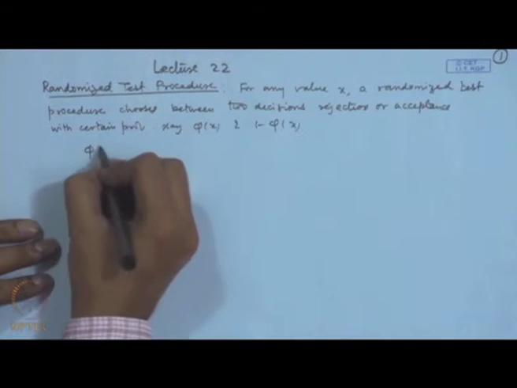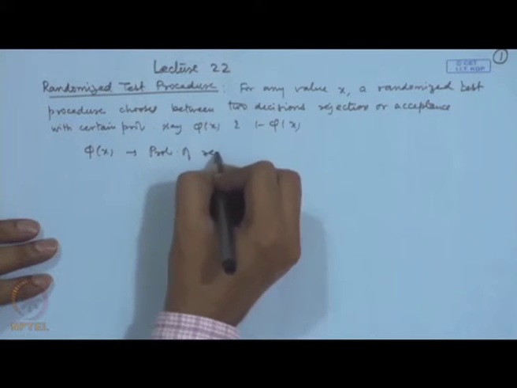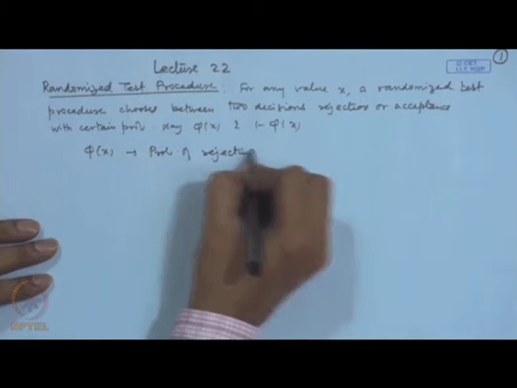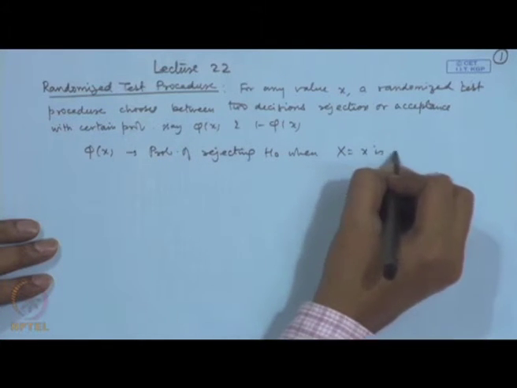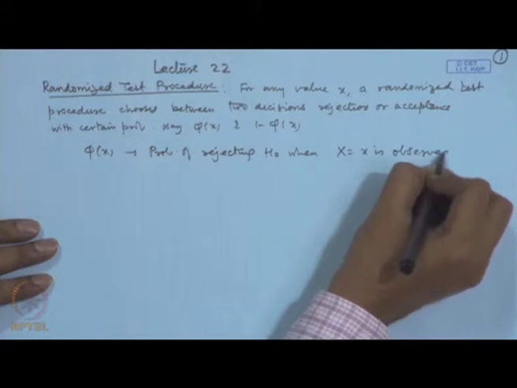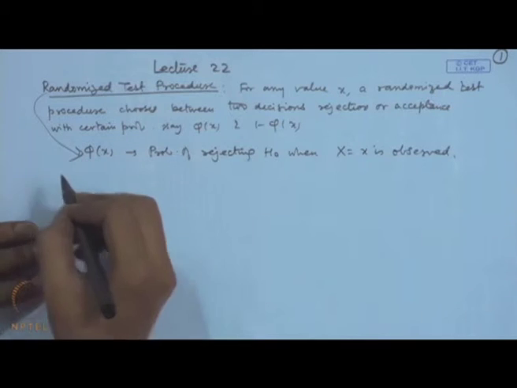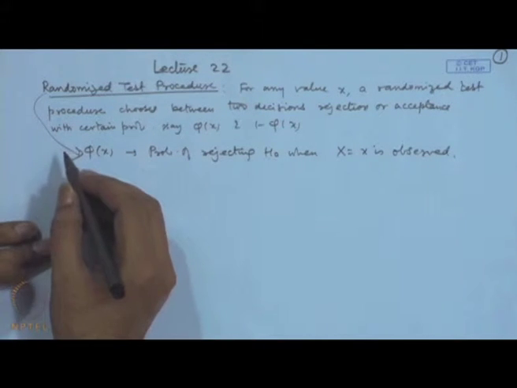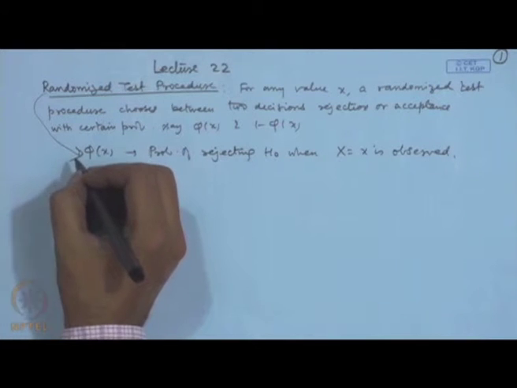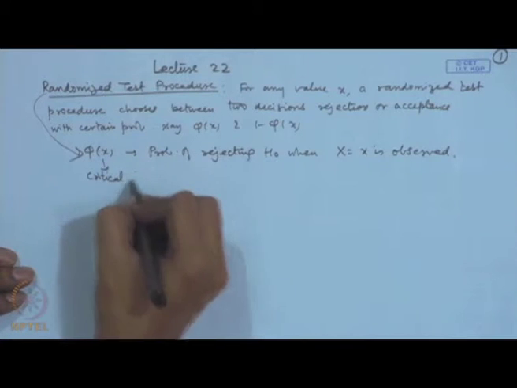So, we are saying phi x is the probability of rejecting H naught when x is observed. This is called a randomized test procedure. This is also called a critical function or a test function.